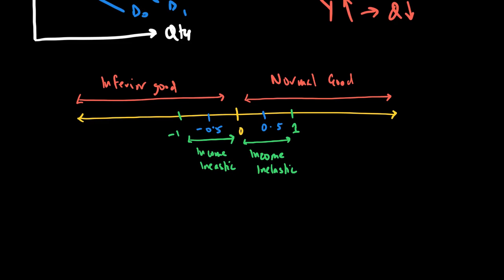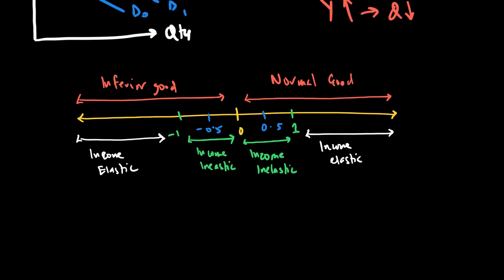So what I'm trying to say here is just that the value of the good matters as well as the sign, because the value of the good will tell us whether the good is responsive to your income changes or not. So for example, if a value is more than 1, and it's positive, we call it income elastic, and if it's below -1, which means it's negative, we'll also call it income elastic.